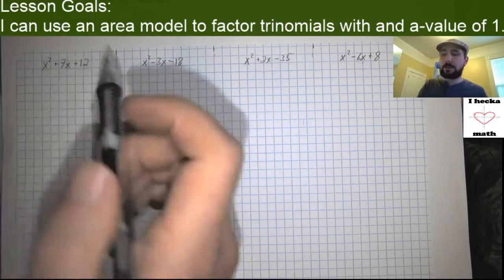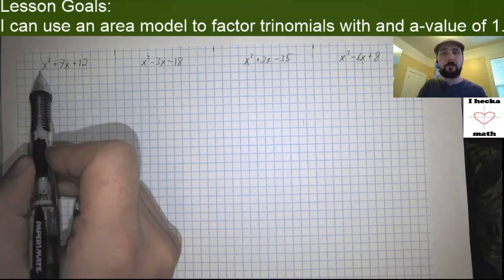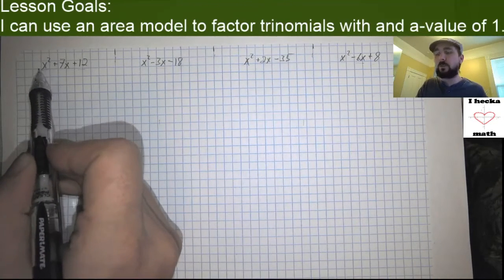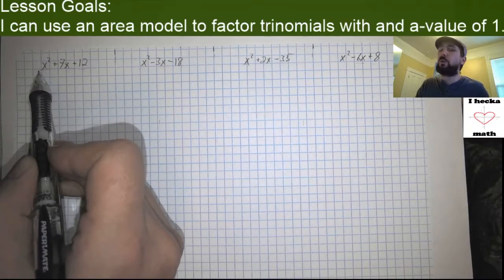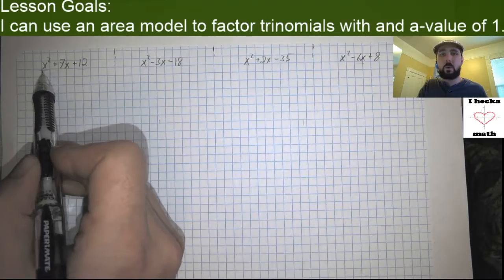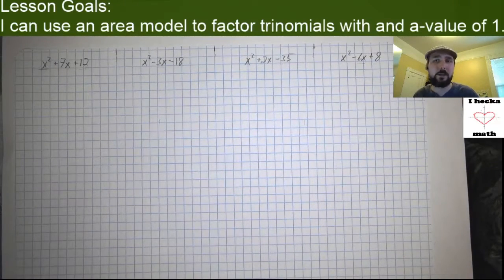So these 4 examples are all examples where the number in front of x squared is a 1. It's not 2 or 3 or 4 or anything like that. It's always just a plain old x squared in every one of these examples. And these are the first kinds of trinomials we're going to work with.